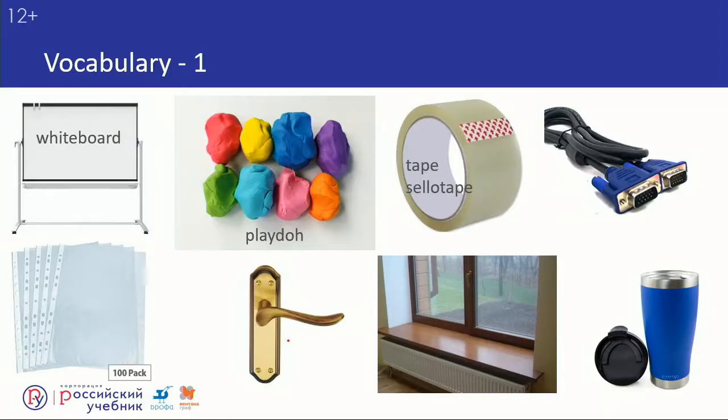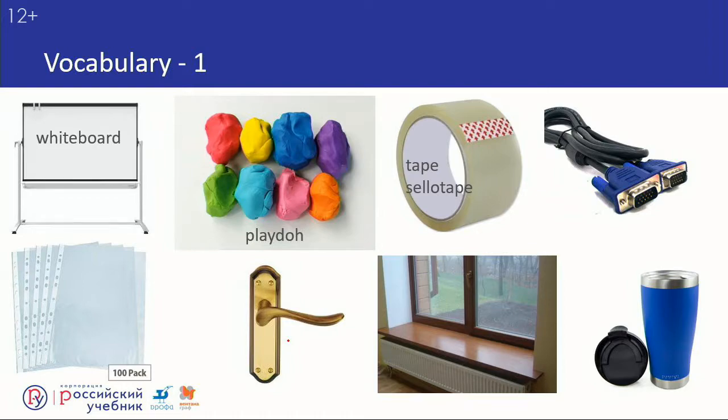Another case where a brand name has become the name of a certain classroom object is this one, sellotape or tape. Right? Sellotape originally was the name of the company that produced that tape. That's why that's what you call it. Some people might say it's duct tape, but duct tape is not transparent, right?